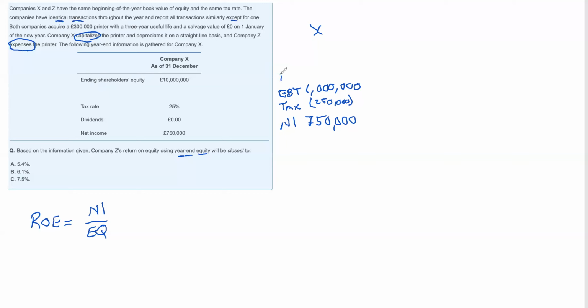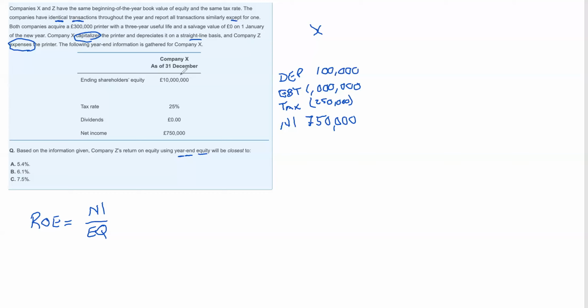So I'm going to have a depreciation expense. For this machine, as we can see, it's a $300,000 printer with a 3-year useful life and 0 salvage value, and they use straight line depreciation. So I know the depreciation expense is going to be $100,000 for each year, or I guess it's 100,000 British pounds in this case.